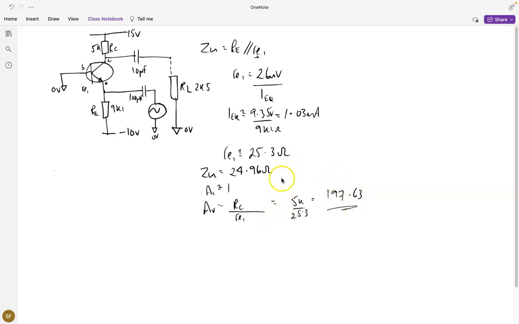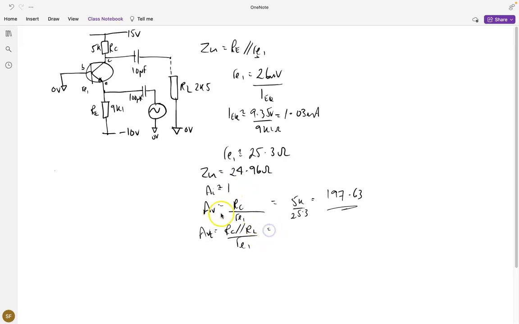Now, one thing to bear in mind with this is the moment I place this load resistor on the output, then what we'll see is RC will become paralleled with the RL. So really, a more complete equation will be RC in parallel with RL over RE1.